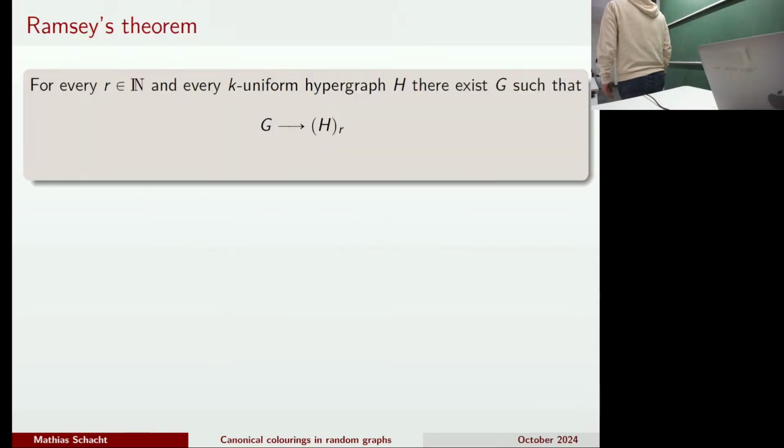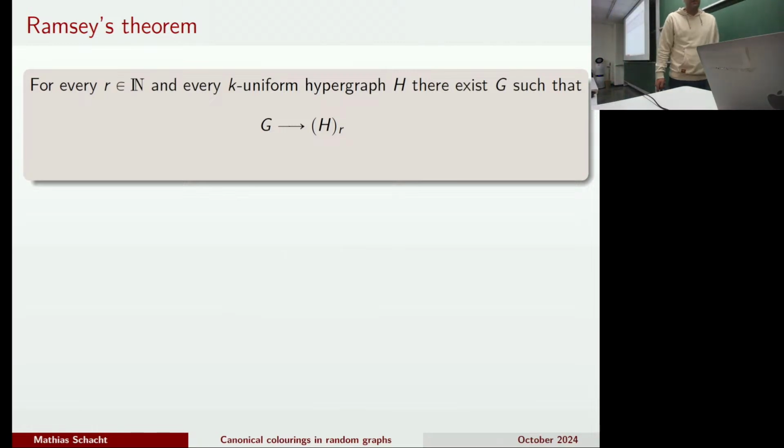Okay, so let's start with Ramsey's theorem. I like to use this arrow notation, which was introduced in Ramsey theory already in the 50s and 60s. We will write G has the Ramsey property for graph H or hypergraph H for r colors, and then we write G arrows H with r. What does it mean?